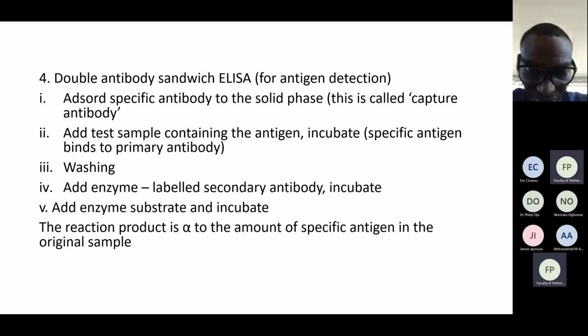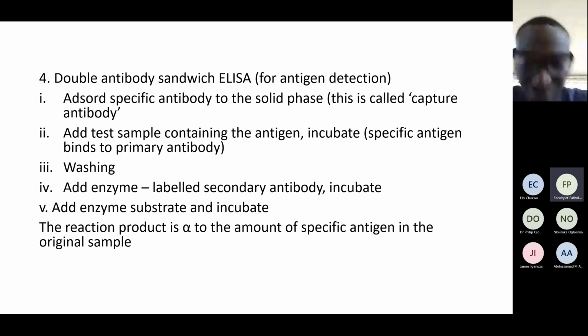The third form of ELISA is what is referred to as the double antibody or sandwich ELISA, which is useful for antigen detection.